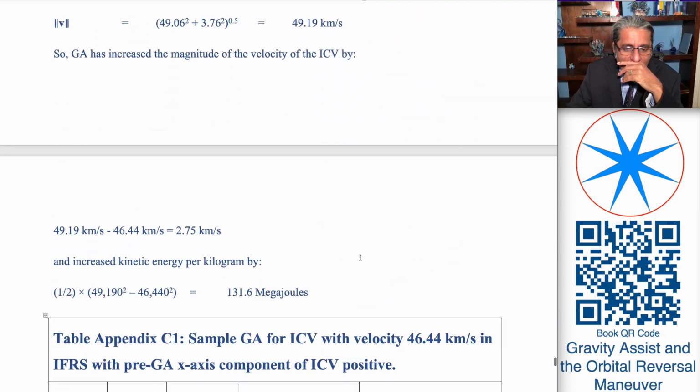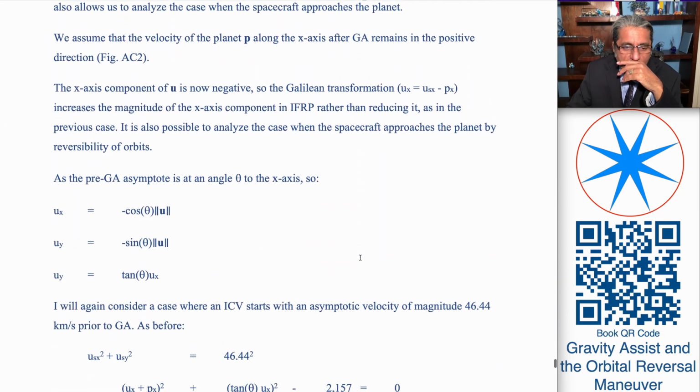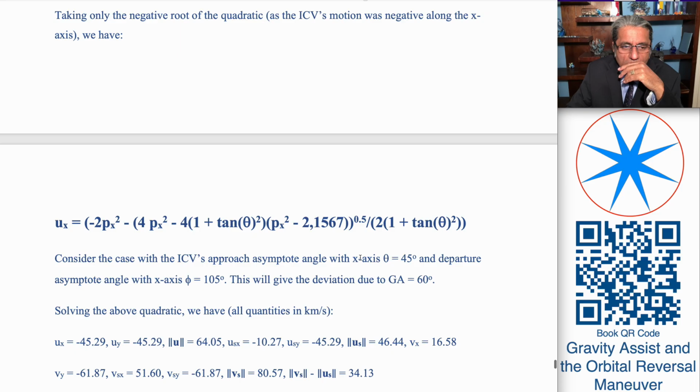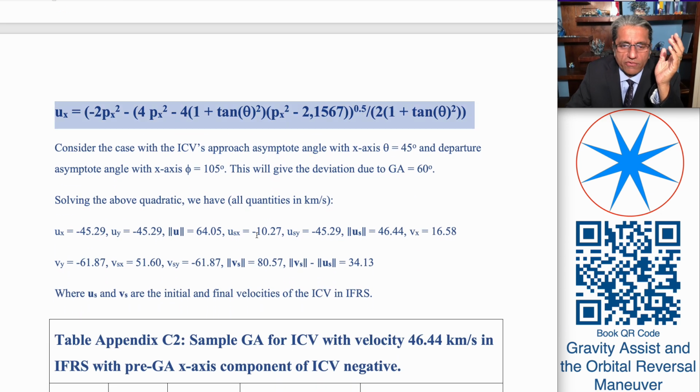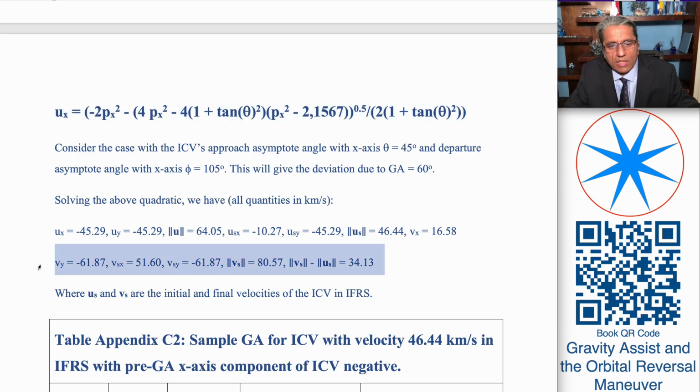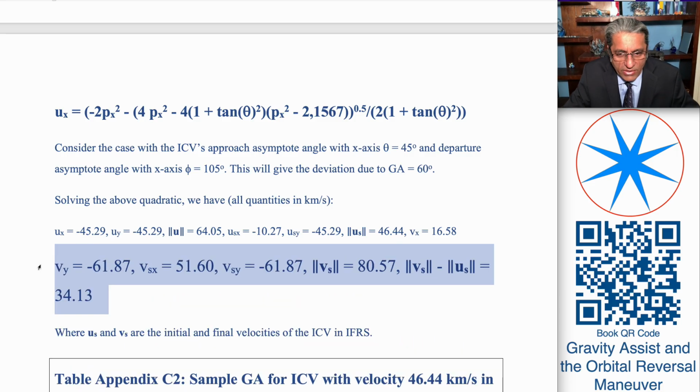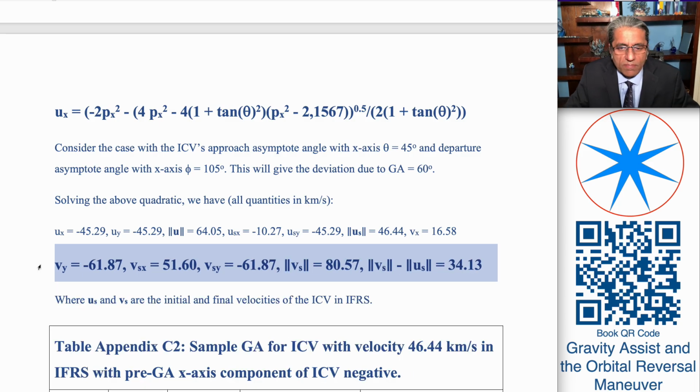And I have a table, and then the new equations will give you that the initial velocity along the x direction must be this, and from that you can calculate what the final velocity in the x and y directions will be, by solving that equation.